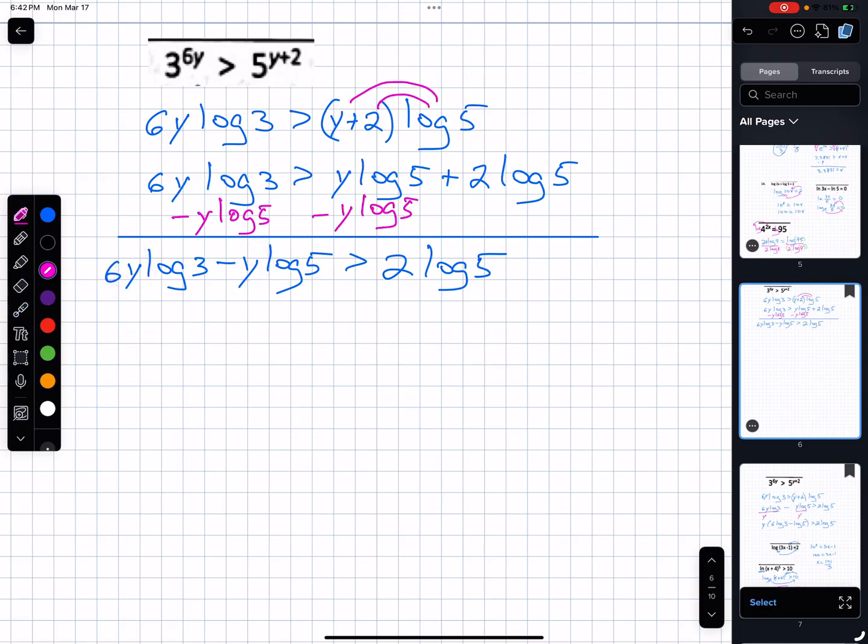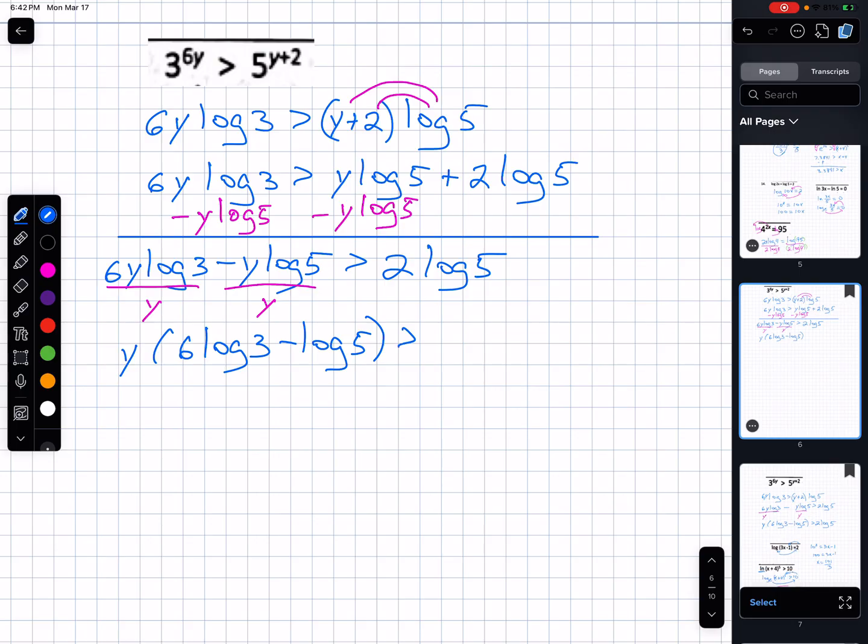I like showing it like this: divide by y on both sides. As soon as I do that, I can write the y in front because I factored it out. And I have 6 log 3 minus log 5, and then greater than 2 log 5.